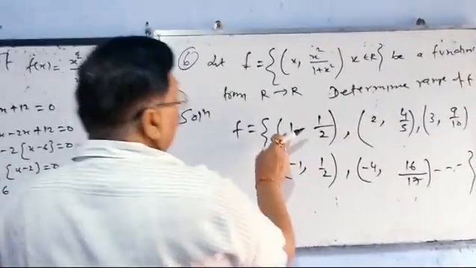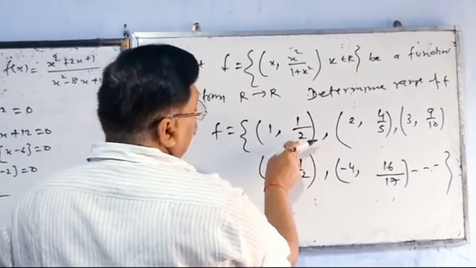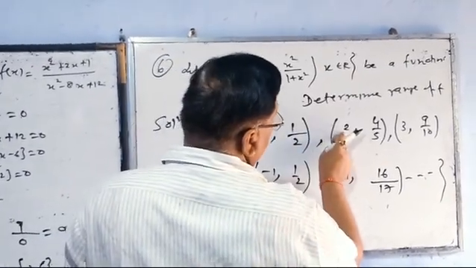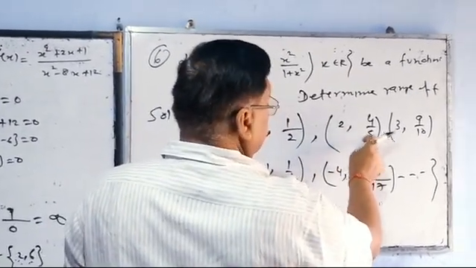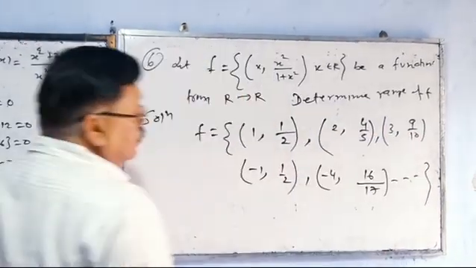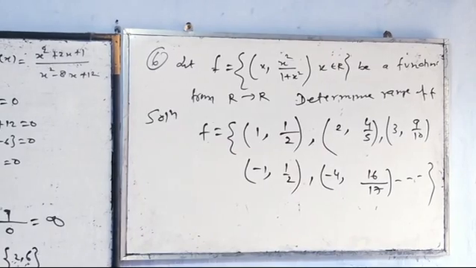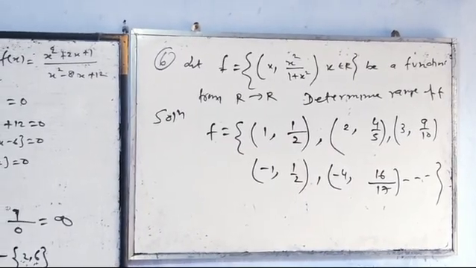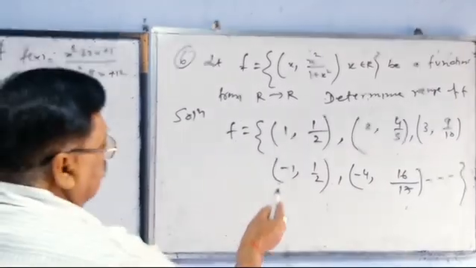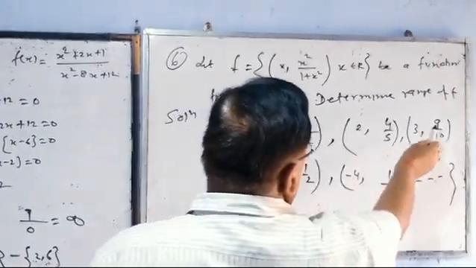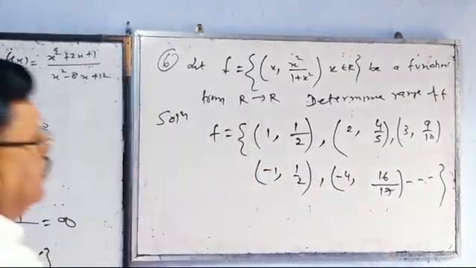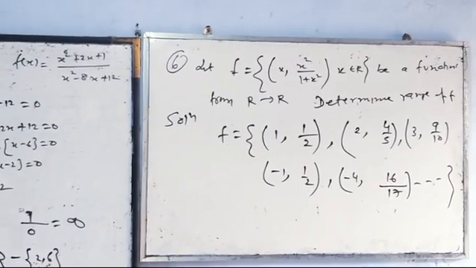This is the value of x and this is the value of y. The value of y determines the range and the value of x determines the domain. So what are we observing? Here 1 by 2, 4 by 5, 9 by 10, all are less than 1 and positive.